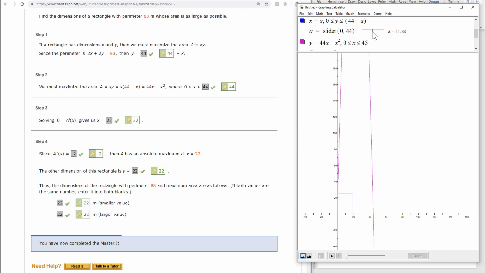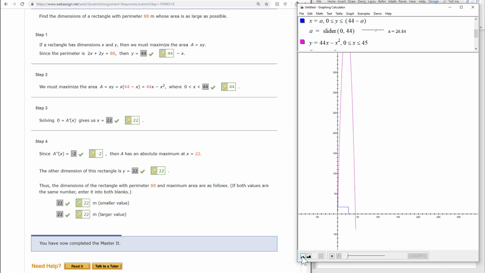We kind of don't see it in the picture anymore, but a 22 by 22 is going to give us the maximum value, and then the values at the extremes would be when x is equal to 0. That would be a super thin degenerate rectangle, and then at 44.